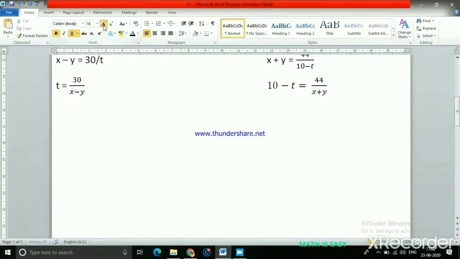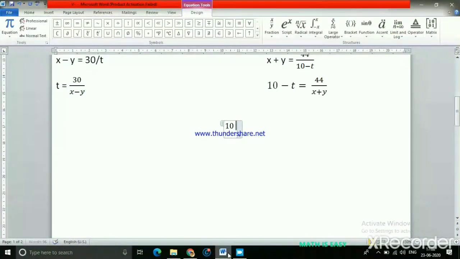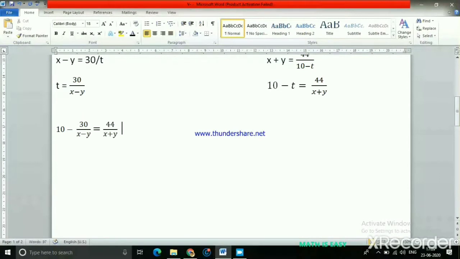So what we get is 10 minus 30 upon x minus y equals 44 upon x plus y. Agreed?